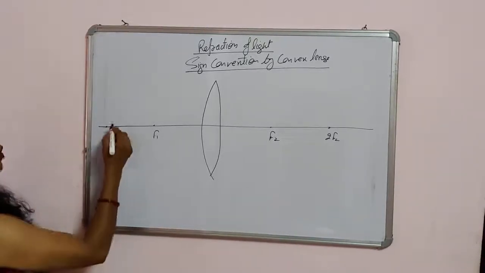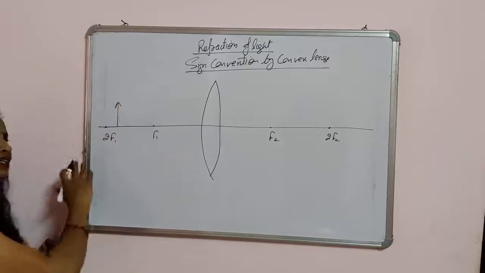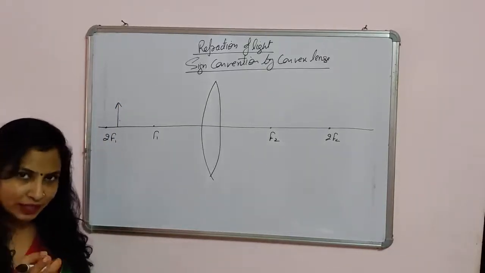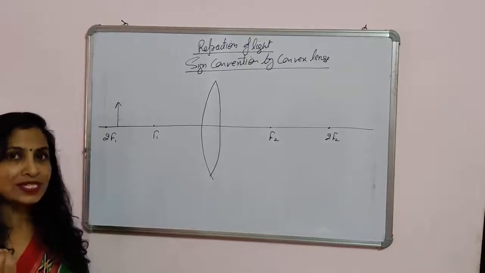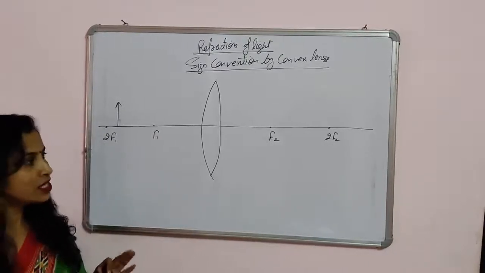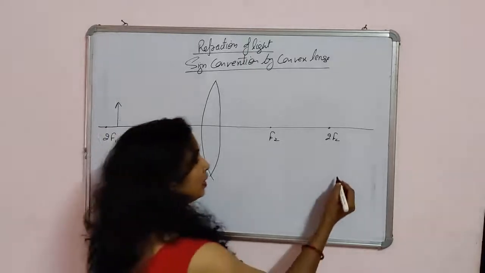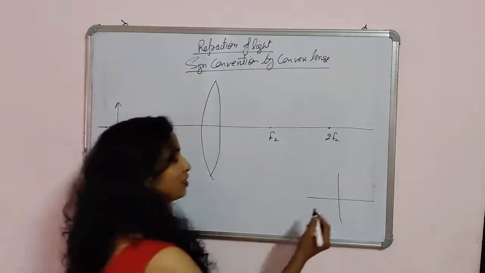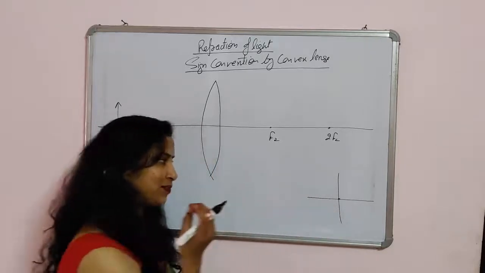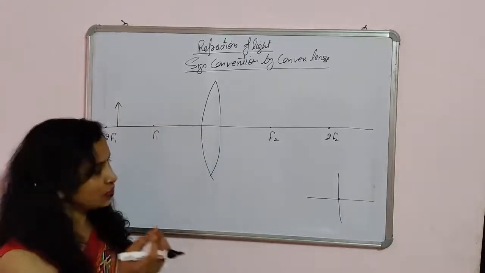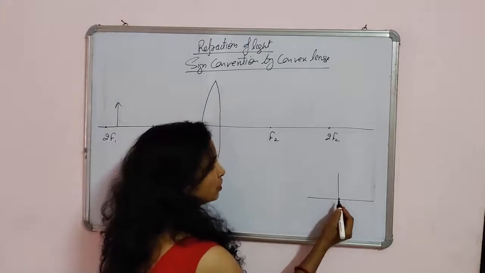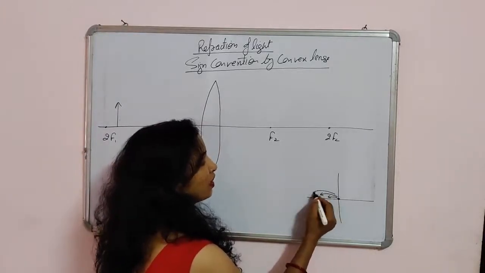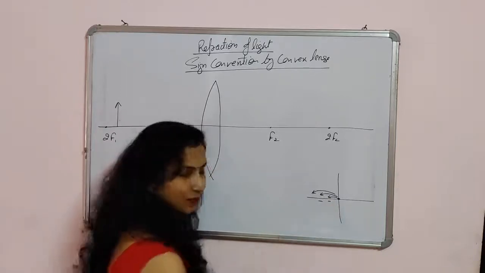You know that you always place the object in this direction. As I explained in the mirrors, how we use the sign convention for the mirror, the same is applicable here, like in the Cartesian plane. These are the two axes, and for the distances, if we move in this direction, then we have to show it by the negative sign.